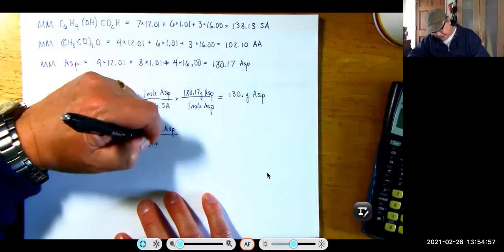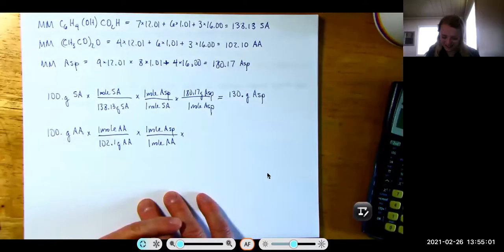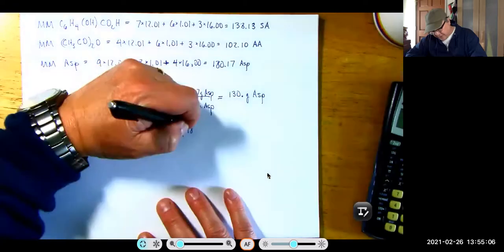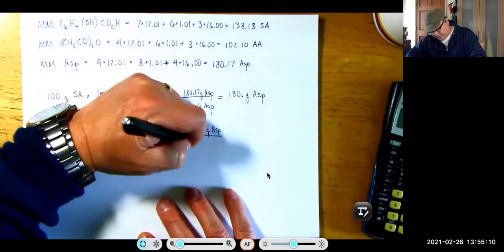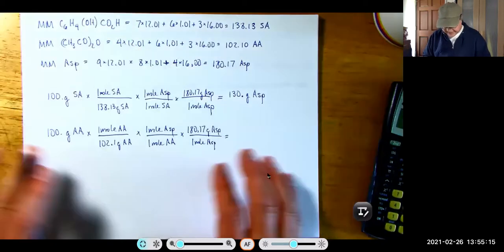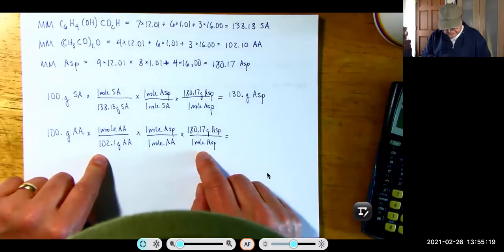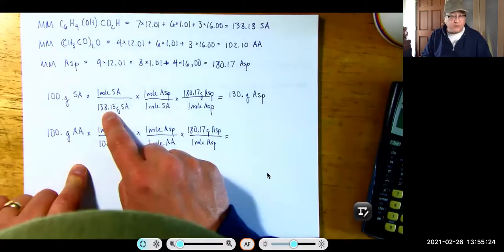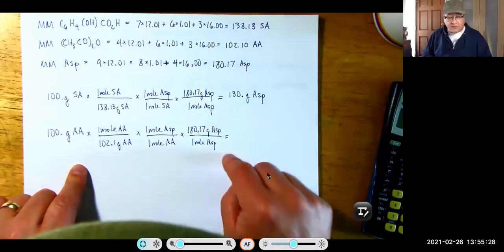And you're probably pretty thankful that we're abbreviating these things now. And then 180.17 grams of aspirin per 1 mole of aspirin. And this one, I can look at the numbers and I can see that this is going to be a larger number because the only difference between the two calculations are 180 over 138 versus 180 over 102. So this will be a bigger number, and it's going to be like 180.